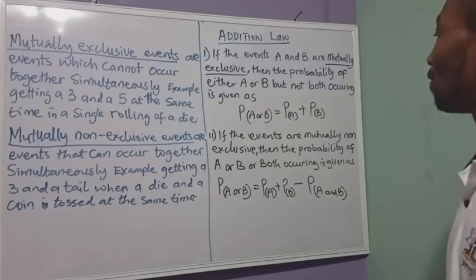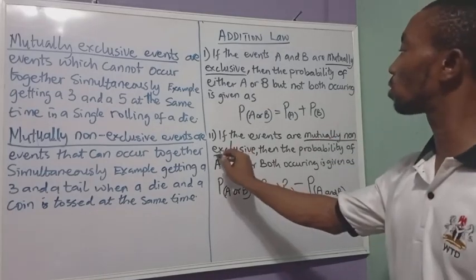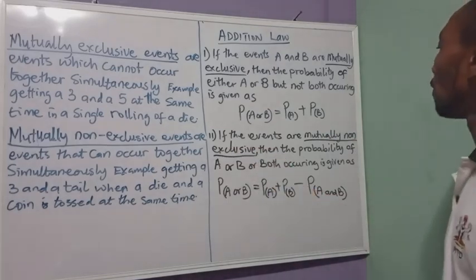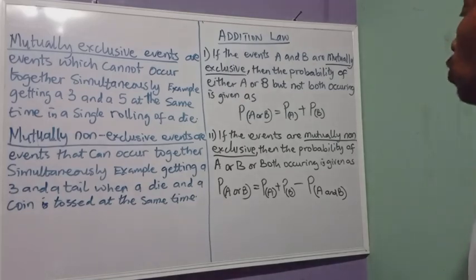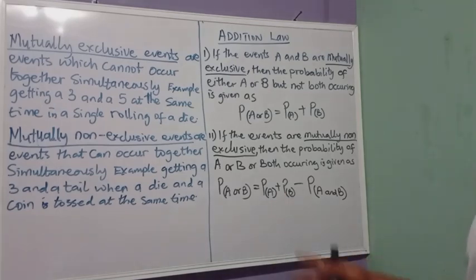Now if the events are mutually non-exclusive, then the probability of A or B or both of them occurring will become the probability of A plus the probability of B minus the probability of both of them occurring.